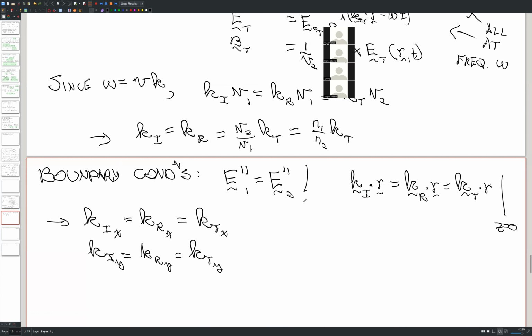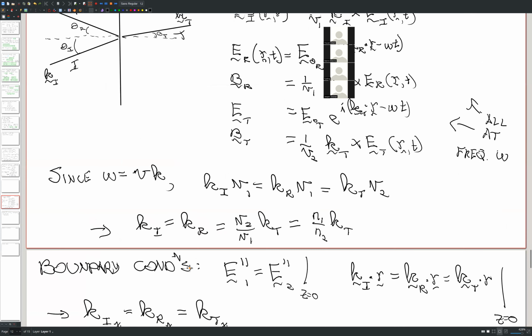So here, this is at z equal to 0. But then why don't we add incidence and reflected here? I'm not doing the amplitudes yet. Here I am writing restrictions on the wave vectors that are contained in the waves.